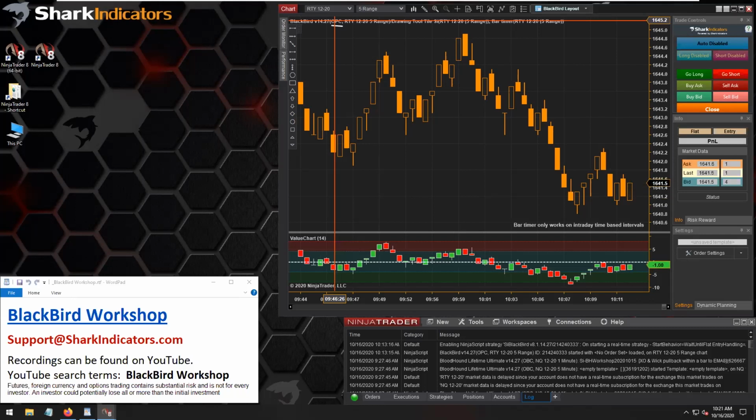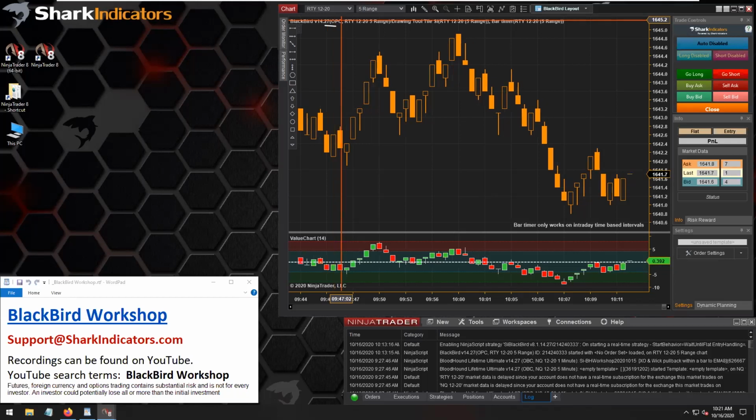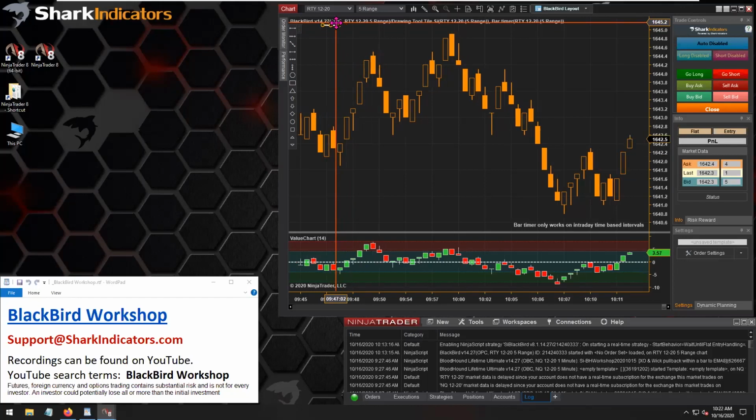Well, this is a hosting strategy, it's not a hosting indicator, but the host. Whether the host is an indicator or a strategy, its calculate mode has to be set according to how you want to monitor the guest indicators. So in this case, BlackBird being the host, it has to have its calculate set to on price change.